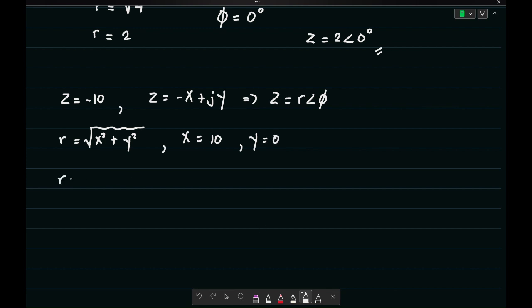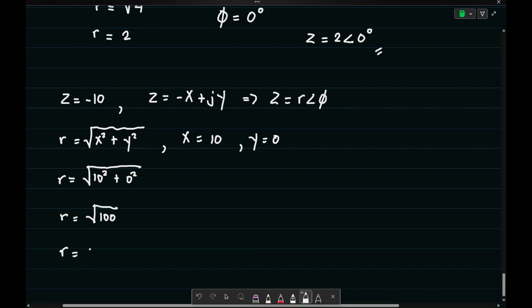So r is the square root of 10 squared plus 0 squared, so r is the square root of 100, then r is equal to 10. Now, for theta or phi, or the angle, what is the formula?